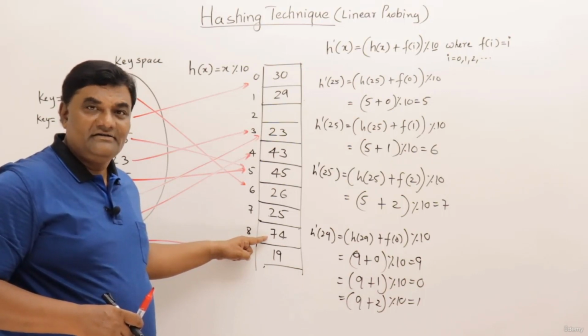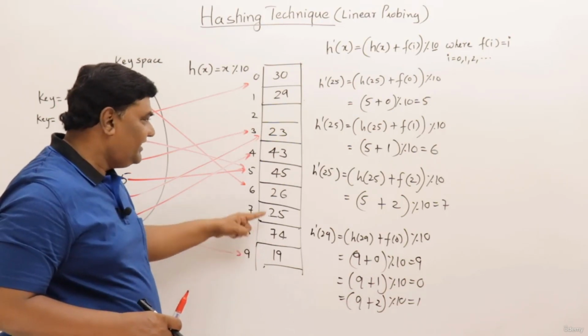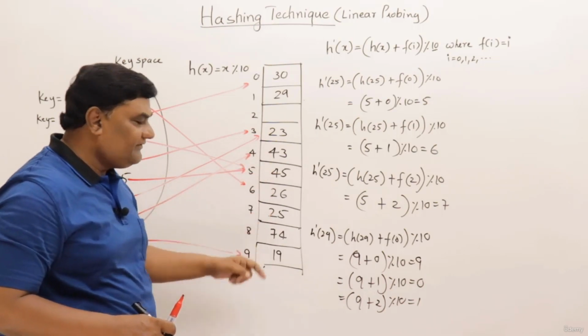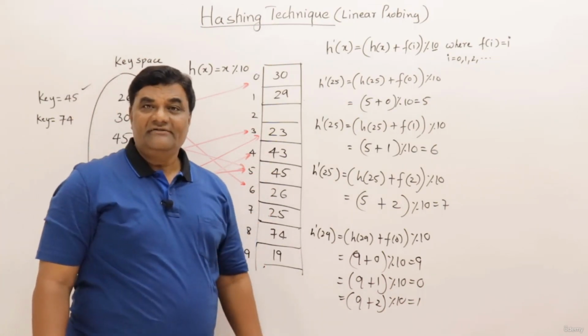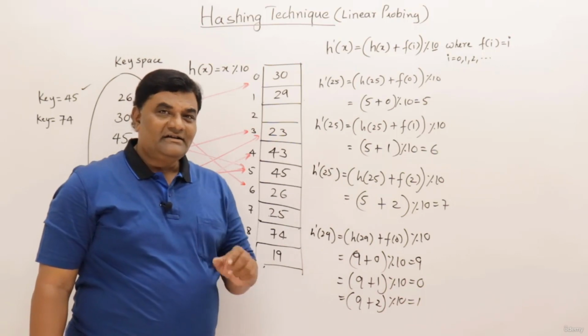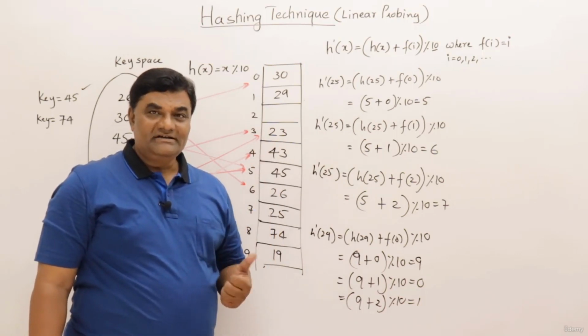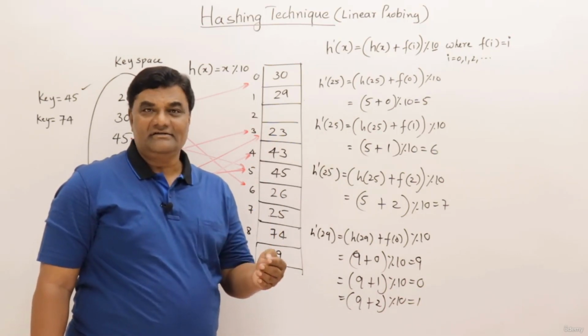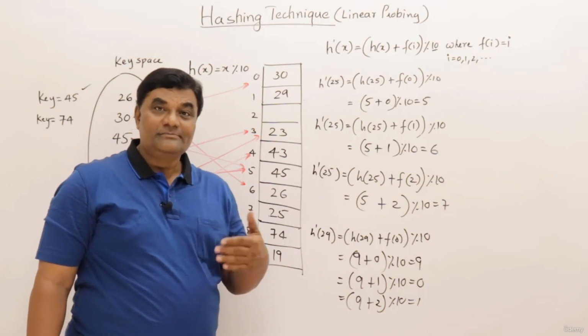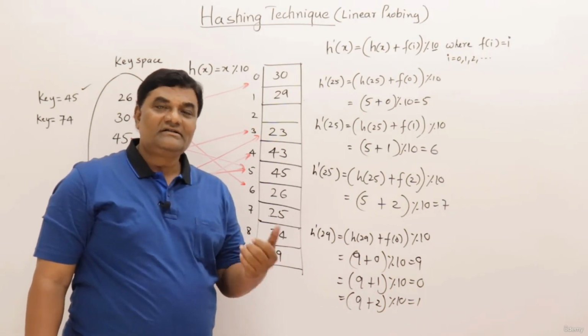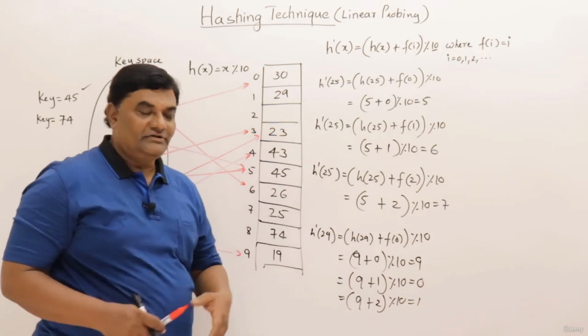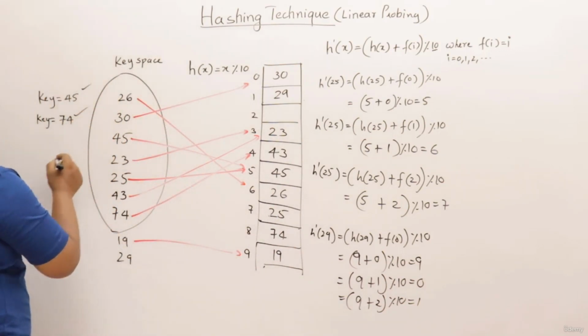We got the key. See how many comparisons we have done: 1, 2, 3, 4, 5. 5 comparisons. So this linear probing method is a little time taking. It's not constant, it's more than constant. So search is successful. 74 is found.